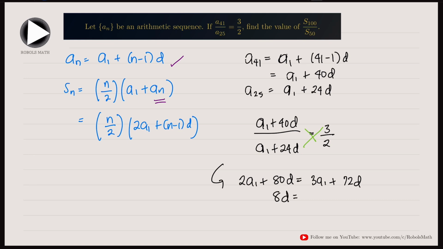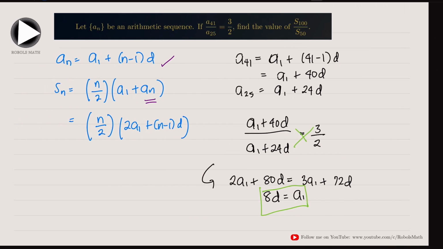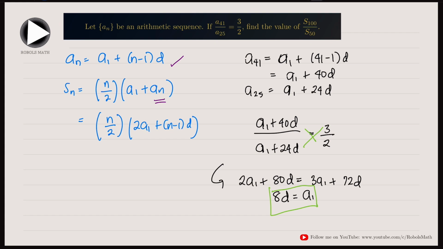And the right side would be 3a sub 1 minus 2a sub 1, which is just a sub 1. So we get here an important relation, that is the first term is equal to 8 times the common difference d. So we'll make use of this in our succeeding solution.